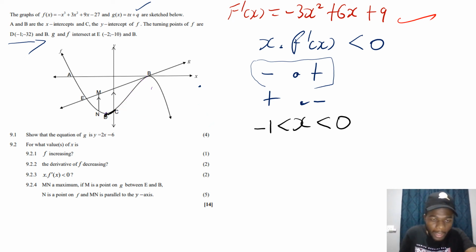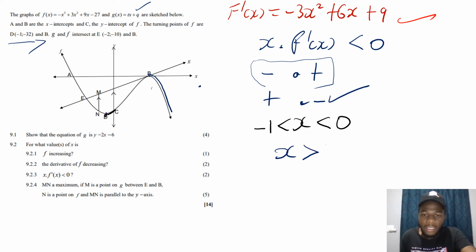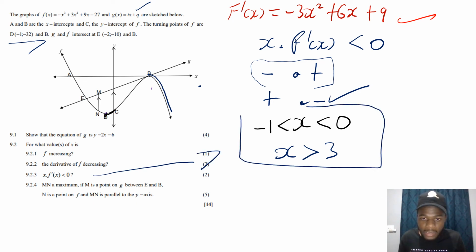Let's continue. In this condition, from point B to the right, the gradient is negative and the values of x are positive, so it meets this condition. So it is all the x's that are greater than 3. So yes, we have answered this question. These are the intervals, né? We are done. Let's go to the last question.